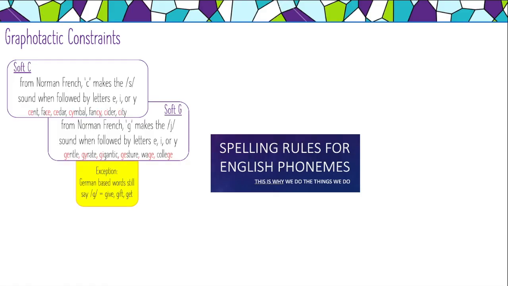Now, just so we know we have exceptions, because they show up, any of our German-based words may still have that G sound with I and E. Again, these are going to be your more common words than you have with the French.